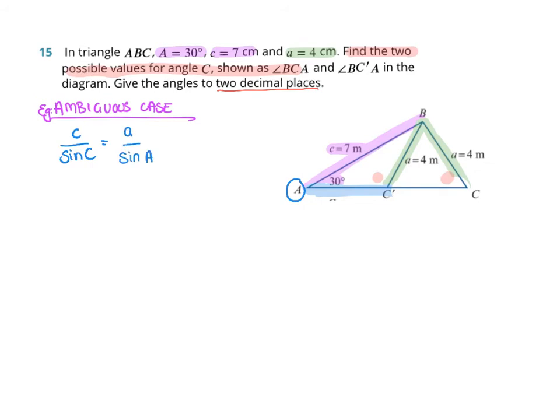So we'll pop these all in with what we know. A is 4 and A is 30 degrees.